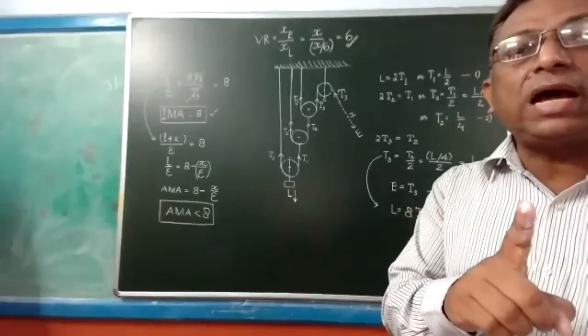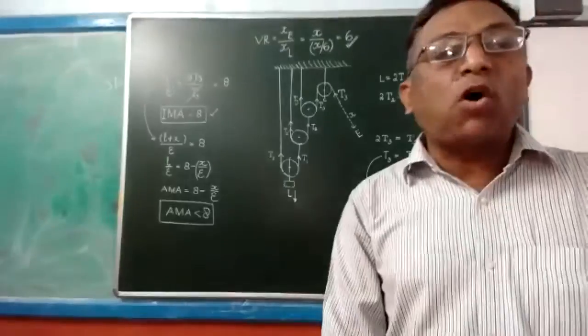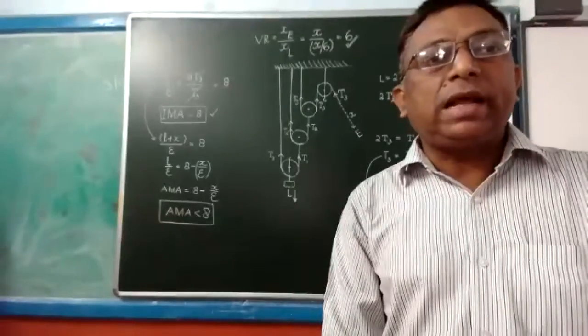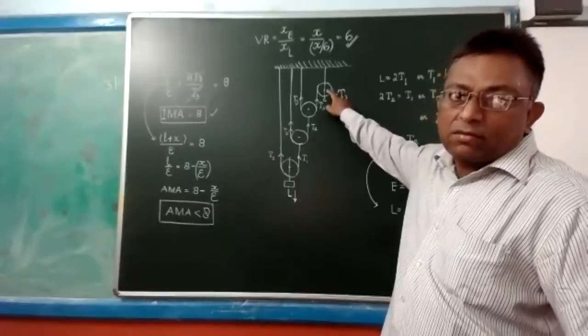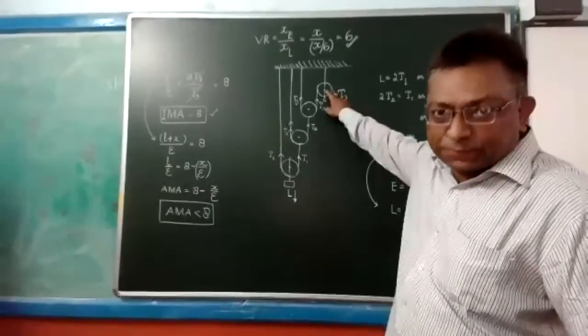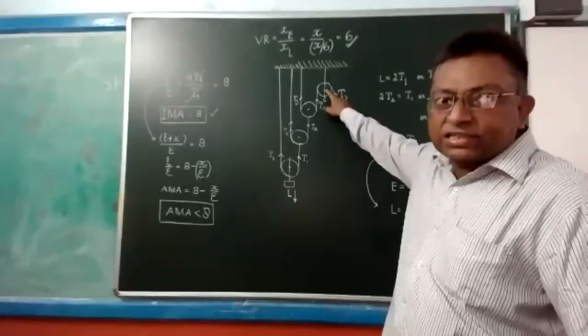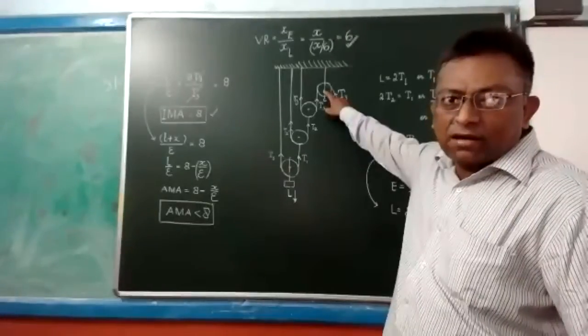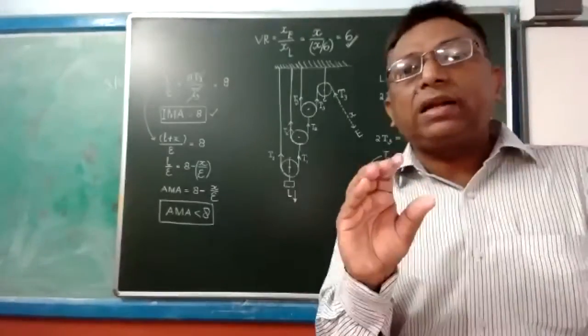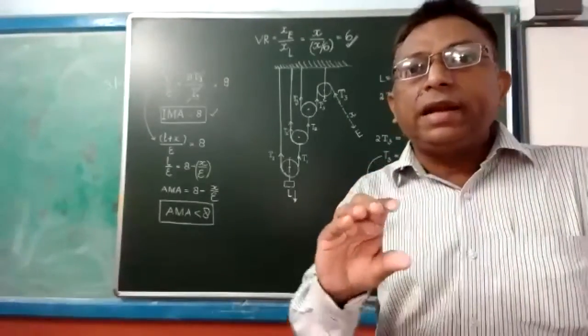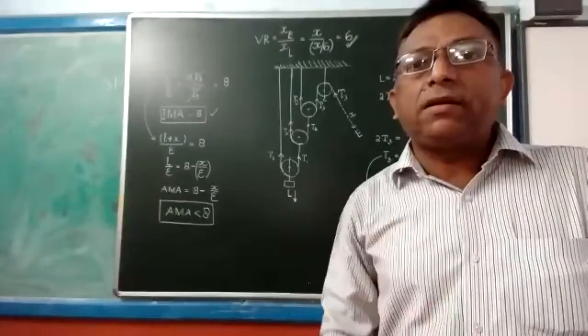What is the unwanted load? Small x. Because this pulley is mobile. Though it is a fixed pulley, it gets turned about its axle. So due to friction, some part of the input energy is wasted in overcoming the friction.